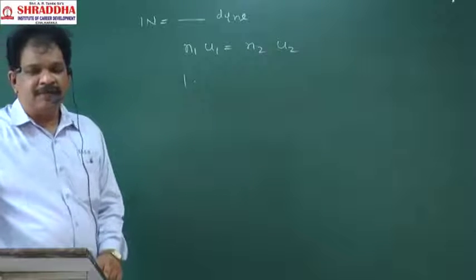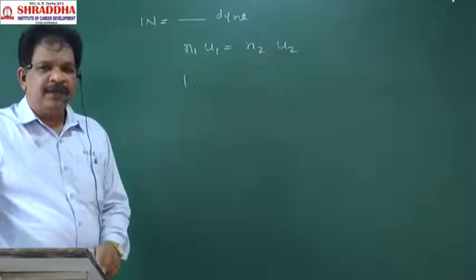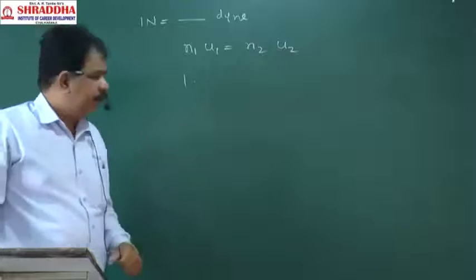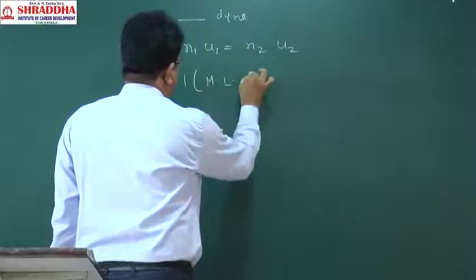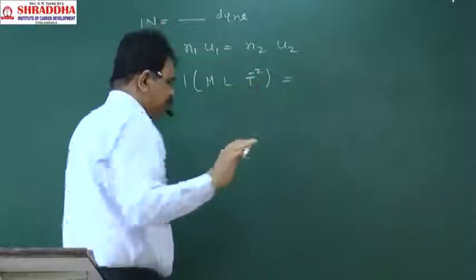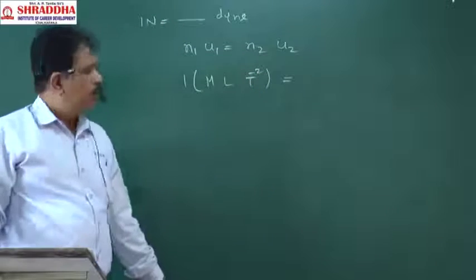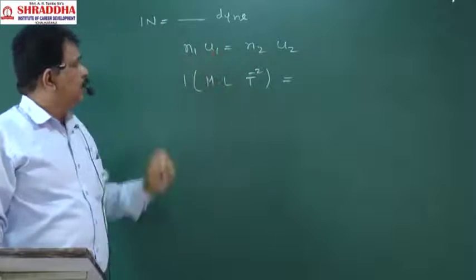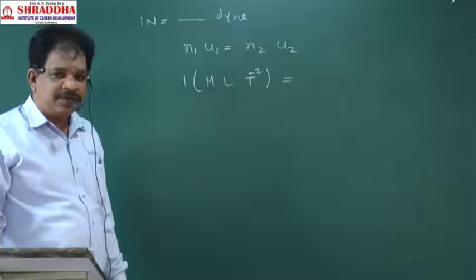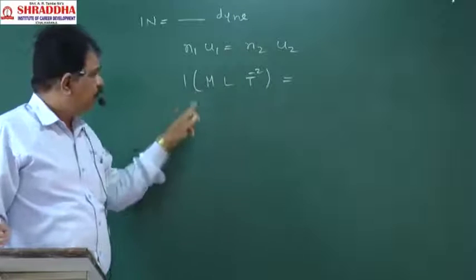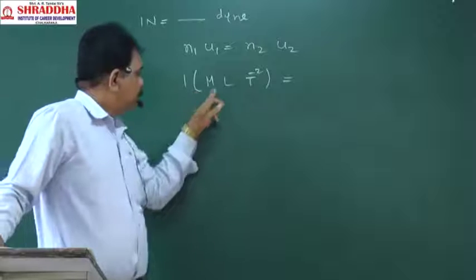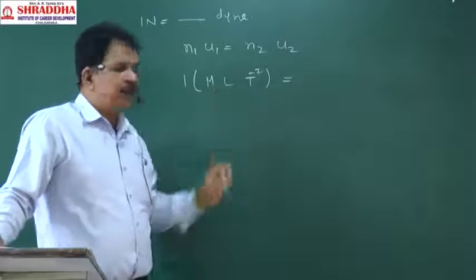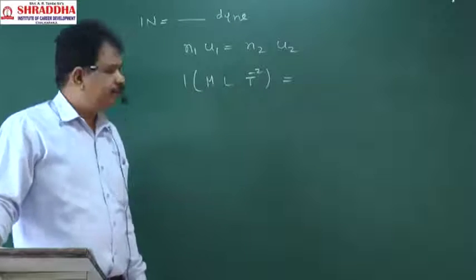Force dimensional formula is MLT power minus 2. Dyne or Newton, both are units of force only. That's why write the dimensions of force as MLT power minus 2.